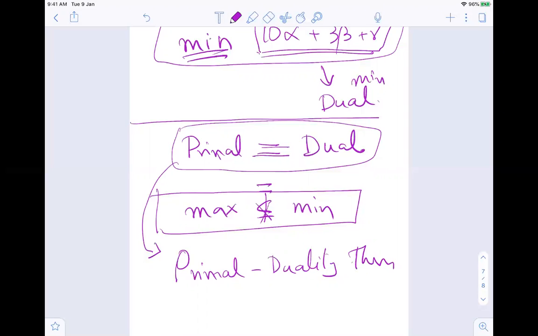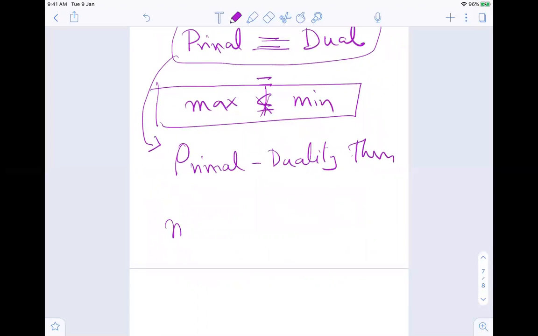Okay, I have not proved it. Do you see any close connection to somewhere else? We started with max flow, the max flow theorem. Exactly.